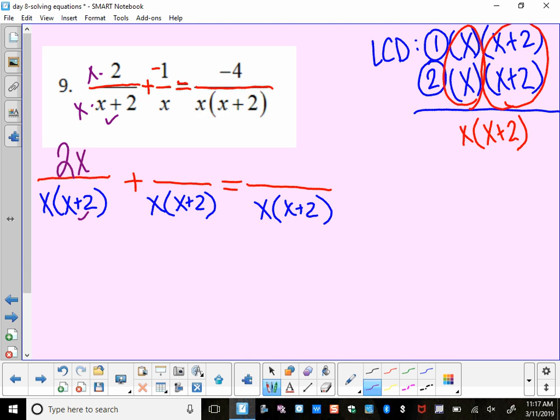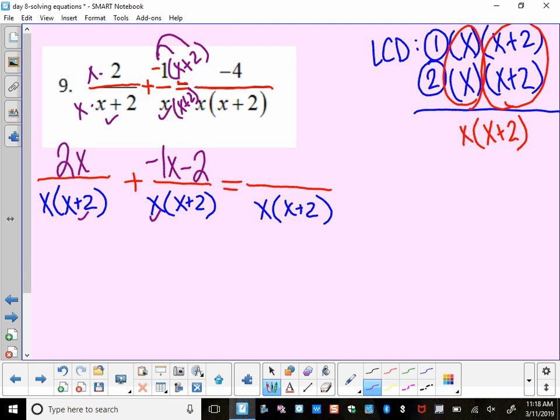For my second fraction, I have x. I'm missing x + 2. Keep this in parentheses or you will mess up with it. -1 times x is what? -1x. And then -1 times 2 is -2.